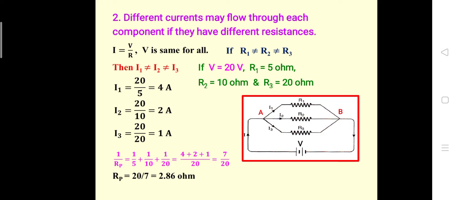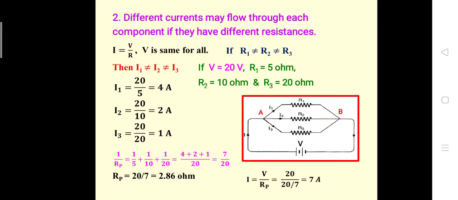So it is clear that net resistance in parallel combination is 2.86 ohm, and out of these three resistances which are connected, 5 ohm is the minimum value. It means net resistance in parallel will be less than the least value of the resistances.